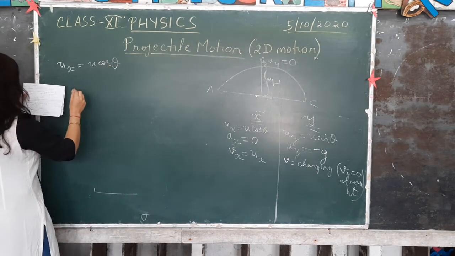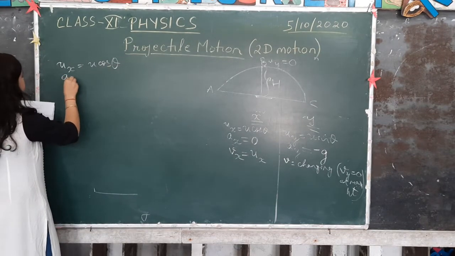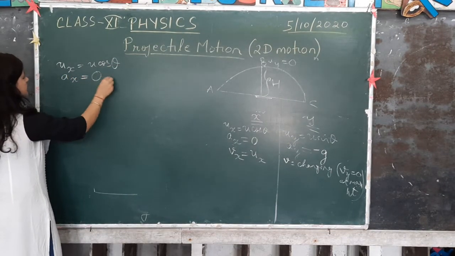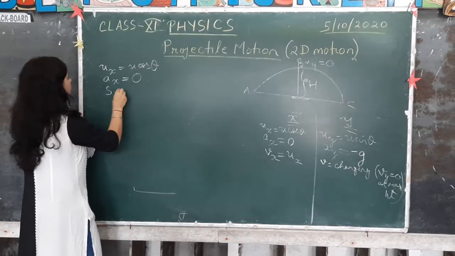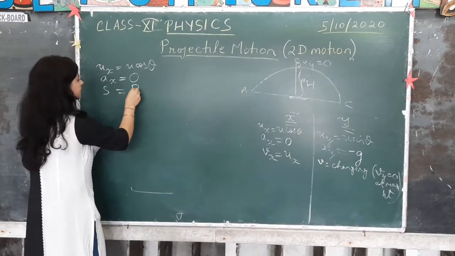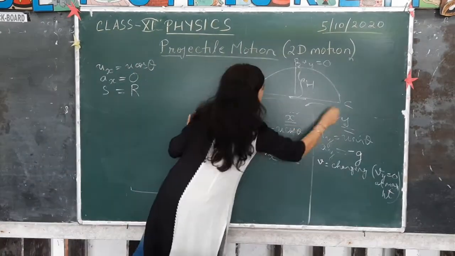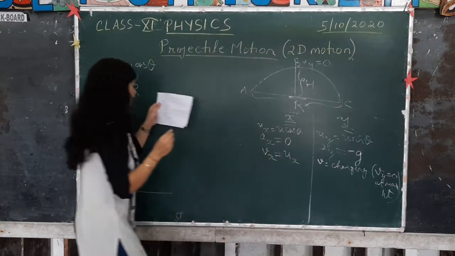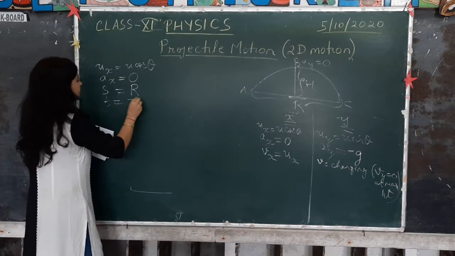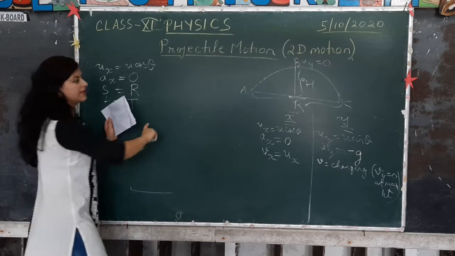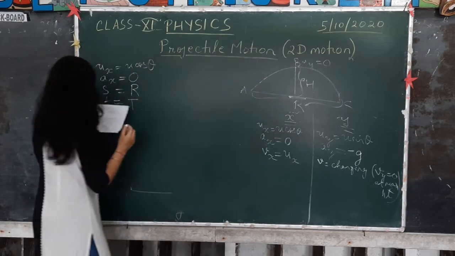Then acceleration along the x direction is always 0. Then displacement along the x direction is nothing but the range, because this is what we are calculating. Then time is nothing but the time of flight, because we have taken the entire motion into consideration.